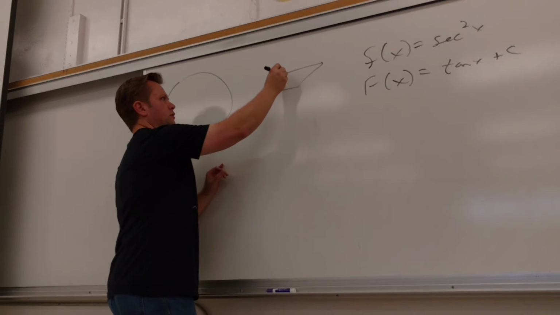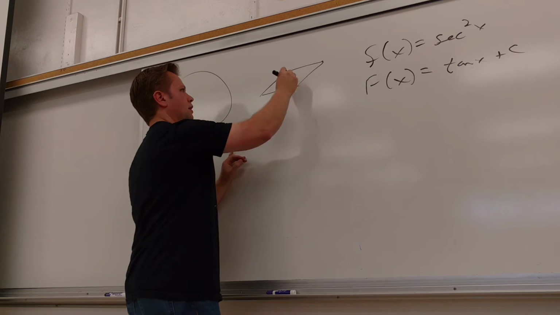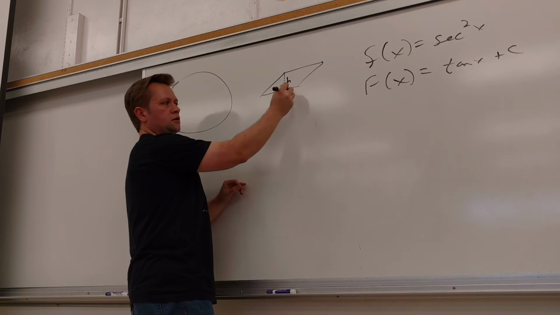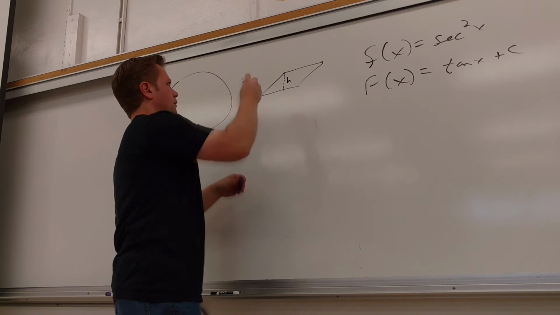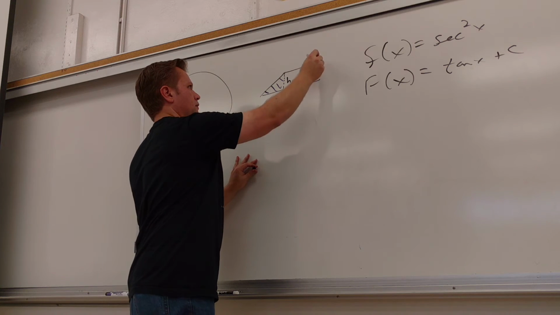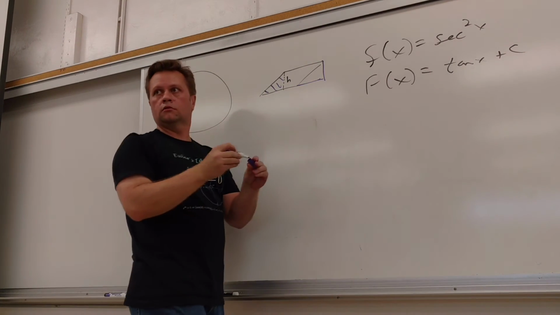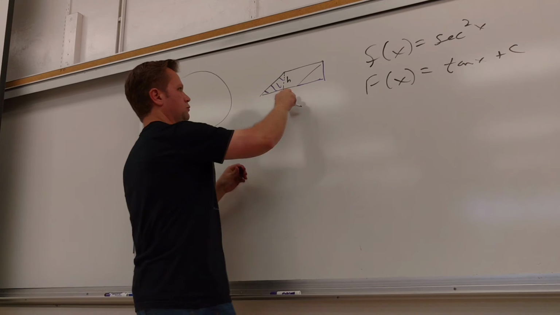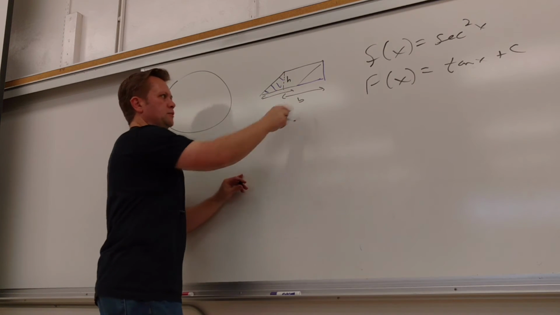So for example, what do you think I'd call that? The height. And this would be the base here, right? So if I cut this triangle off and put it here, I've made a rectangle, right? And the original base would be here now, right? So the area would be height times base.